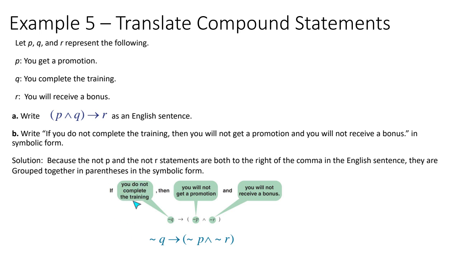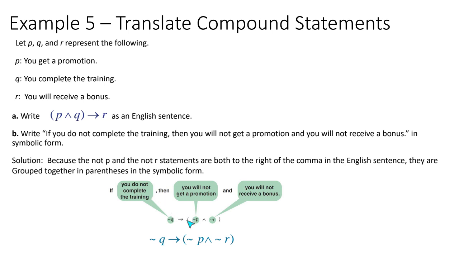So if you do not complete the training, so let's go up here for Q. Q is you complete the training. So the negation of Q is you do not complete the training. So I'm going to use the symbol for the negation. So I have negation of Q. Then, so here's my arrow for the if then statement.